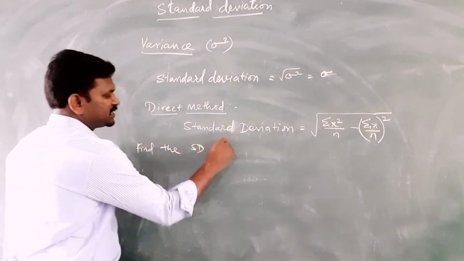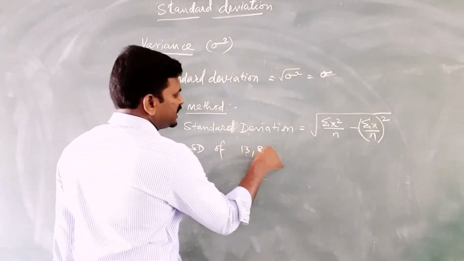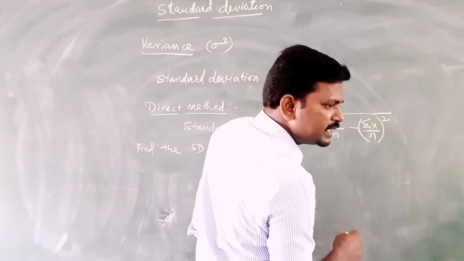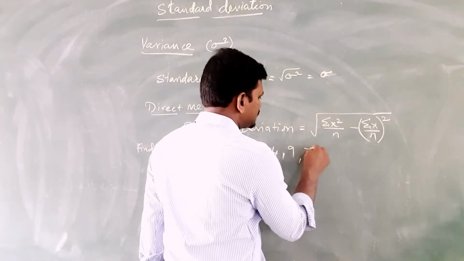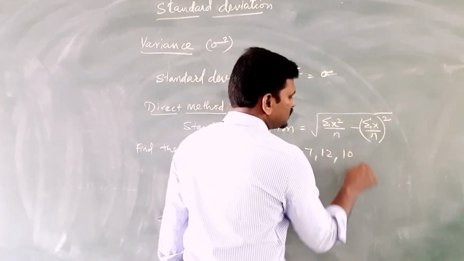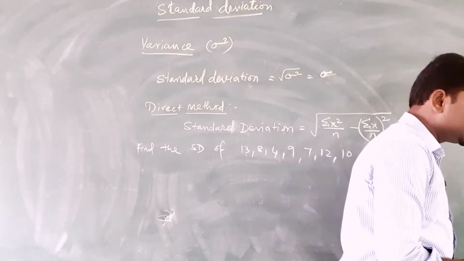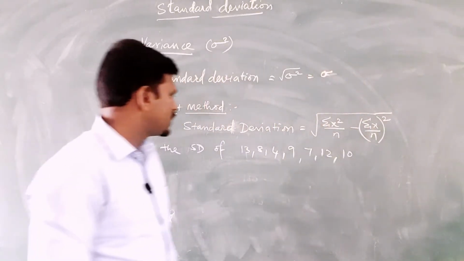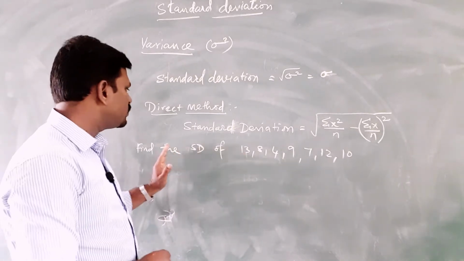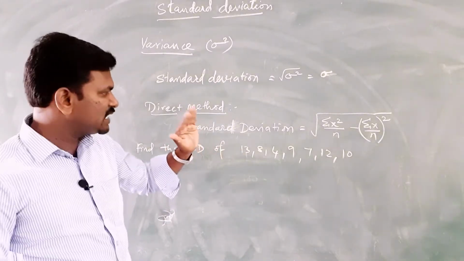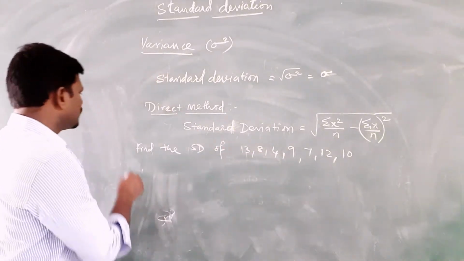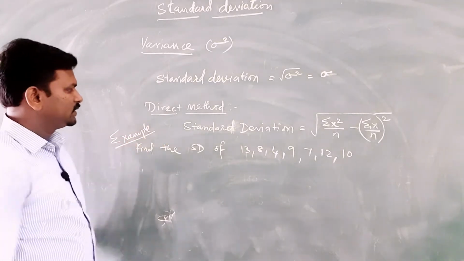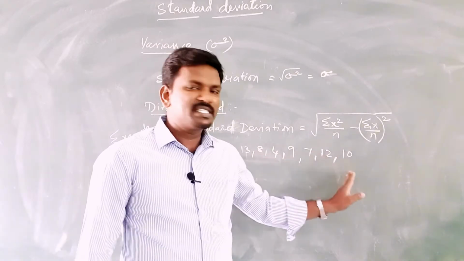Find the standard deviation of 13, 8, 4, 9, 7, 12, 10. We have to find the standard deviation for this data.